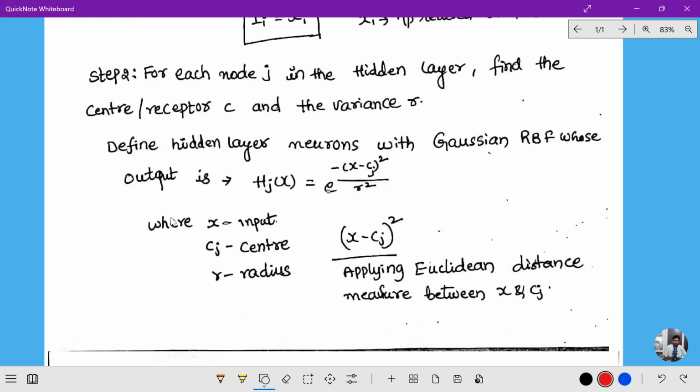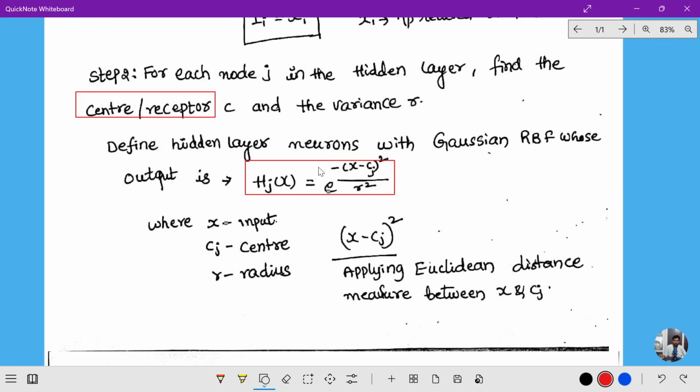Second step, for each node j in the hidden layer, find the center or receptor c and variance r. Define the hidden layer with neurons using Gaussian RBF whose output is h_j = e^(-(x - c_j)^2 / r^2).